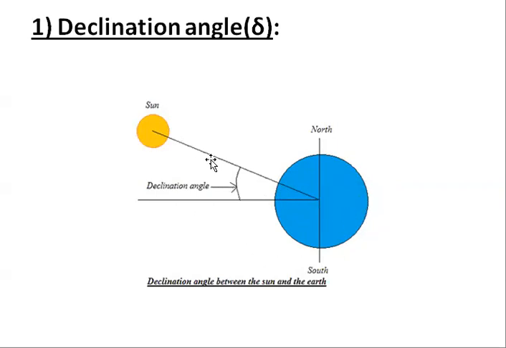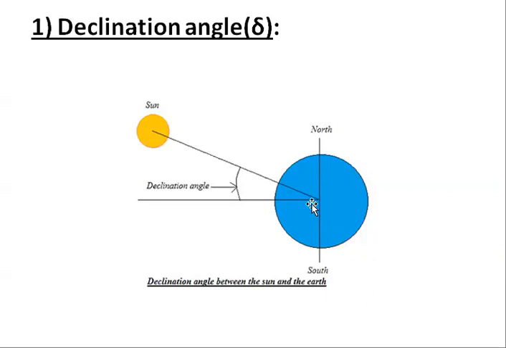I am joining a line from the center of the sun to the center of the earth. Now the angle made by this line with the projection of the line upon the earth's equatorial.